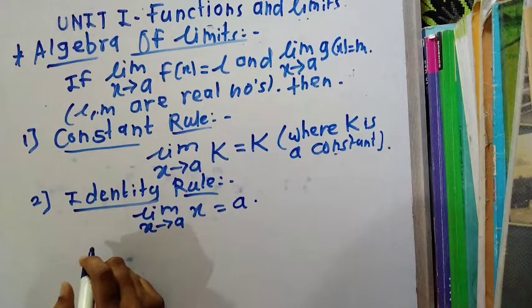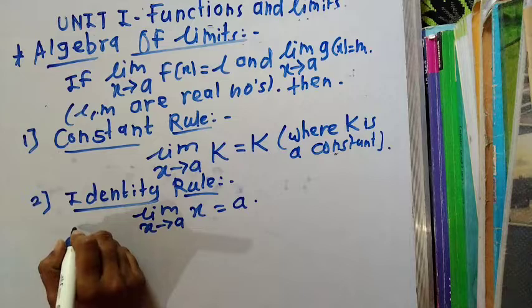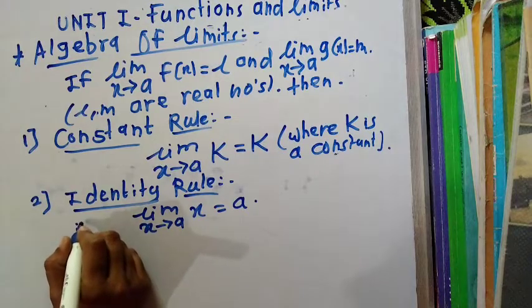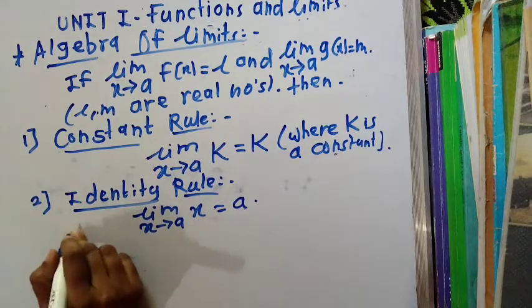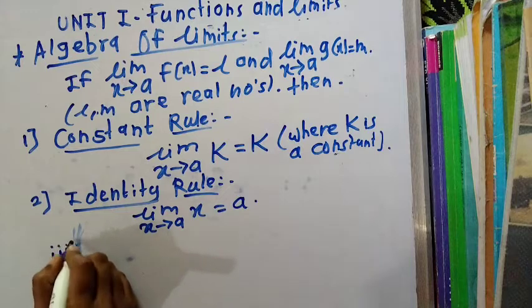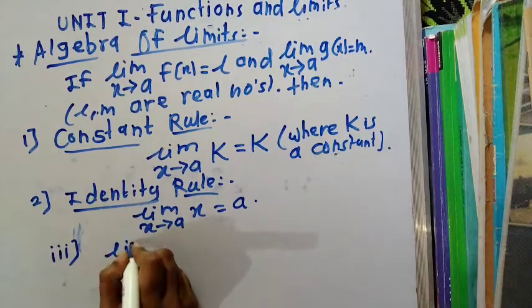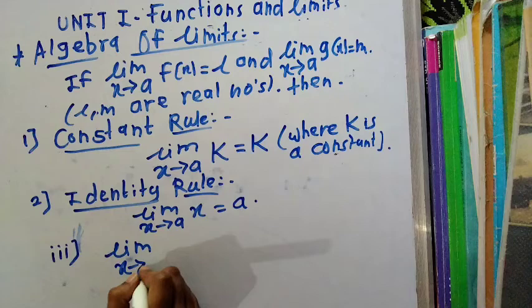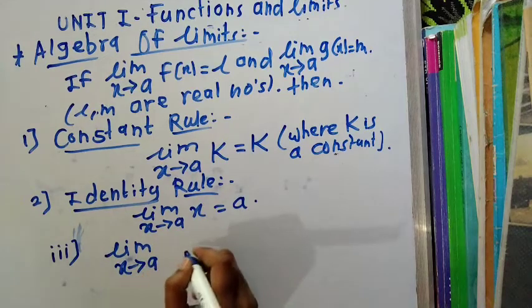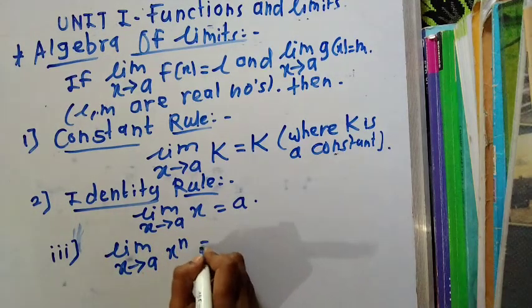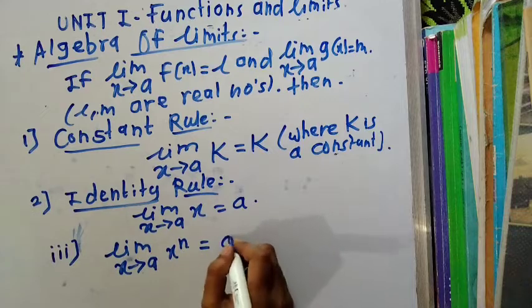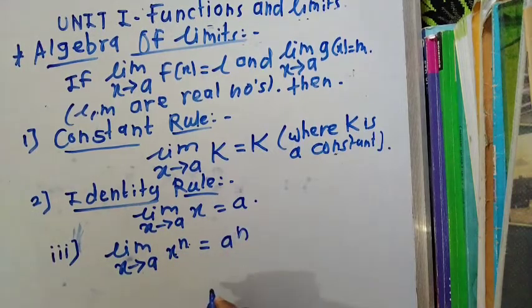This is the identity rule. Then third rule, limit x tends to a of x raised to n is equal to a raised to n.